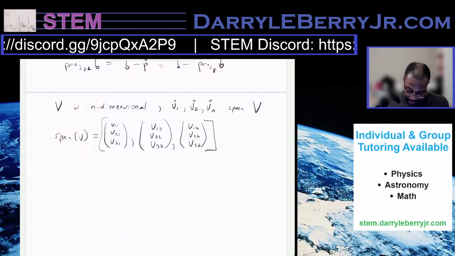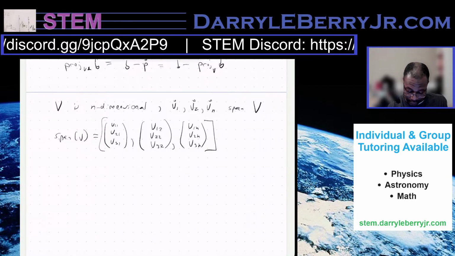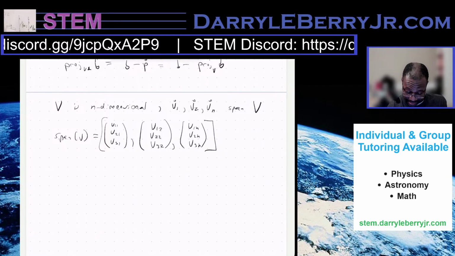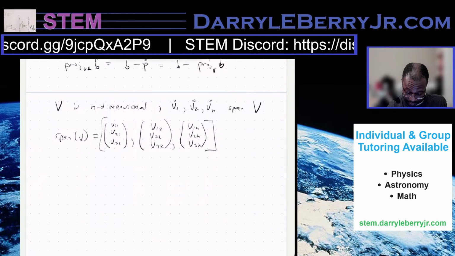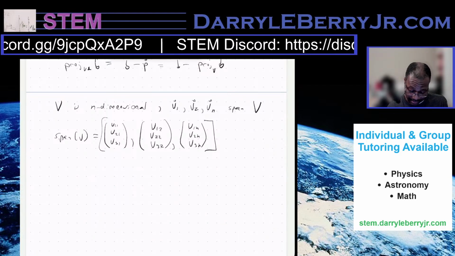So we see that the number of the vertical vectors is the number of the columns, and those span.